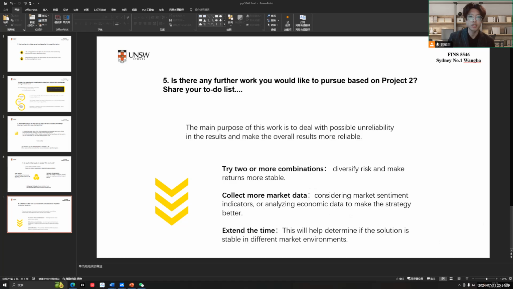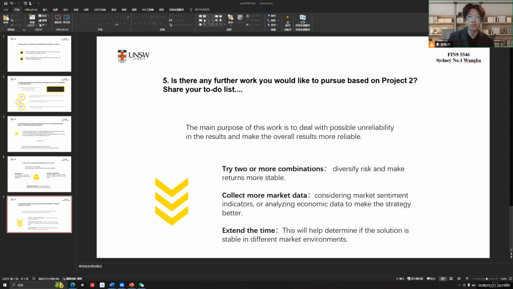The first is to extend the time frame, to test over different time periods to see how it performs under many kinds of market conditions. This will help determine if the solution is stable in different markets.